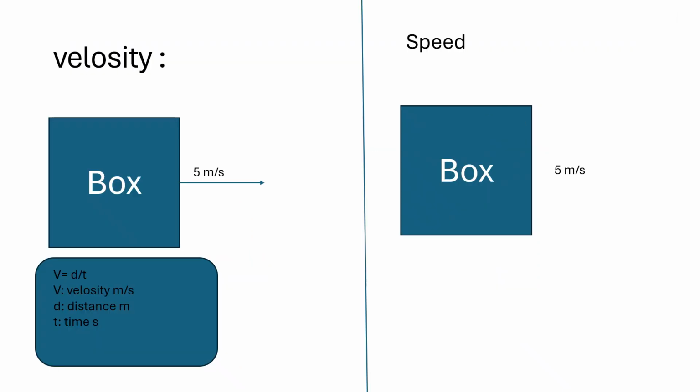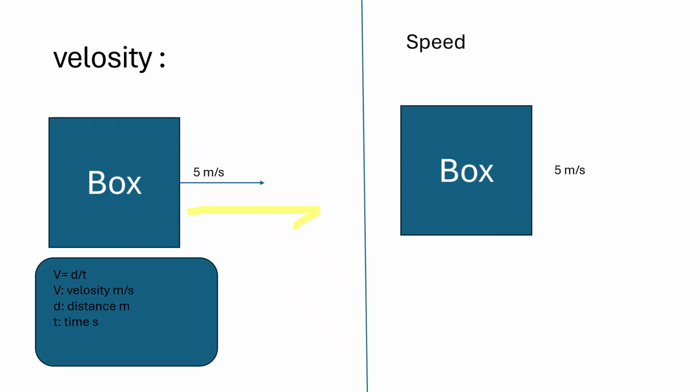So let's go to the second concept. I mentioned velocity, but I didn't explain what velocity is and what speed is. Speed is how fast the object is moving per second. Velocity is very close to it, but the difference is that velocity has a direction. Here, the box is moving 5 meters per second to the left.